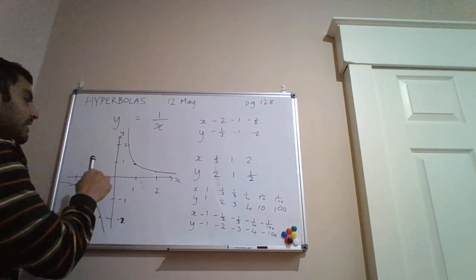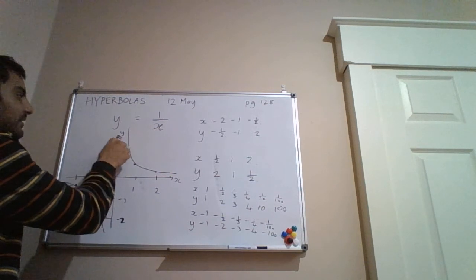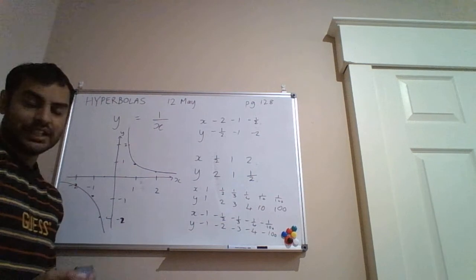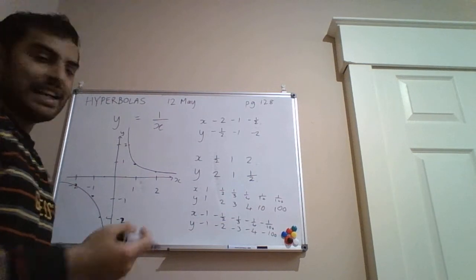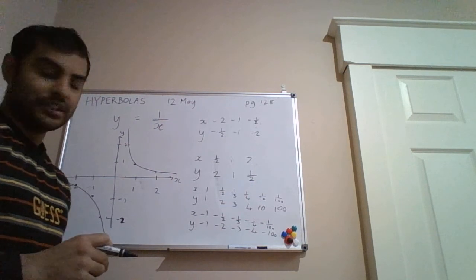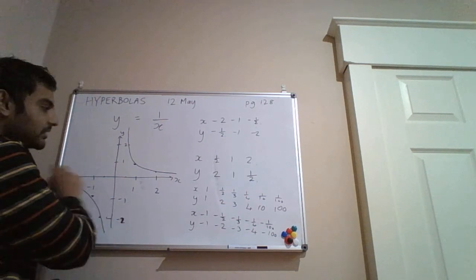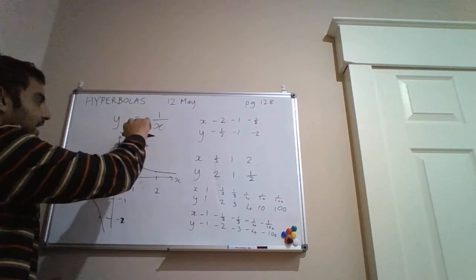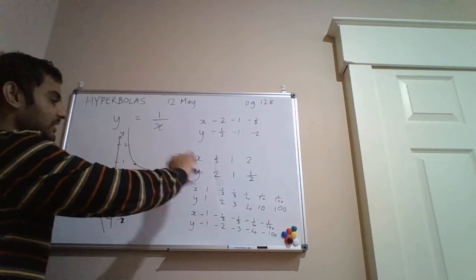So whenever a graph tends towards a certain value but never quite reaches it, it's called an asymptote. So in this case, the y-axis is our vertical asymptote. We can also see another horizontal asymptote for the x-axis, where the graph looks like it's getting closer and closer to 0.